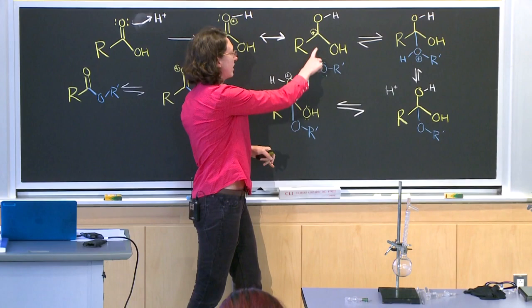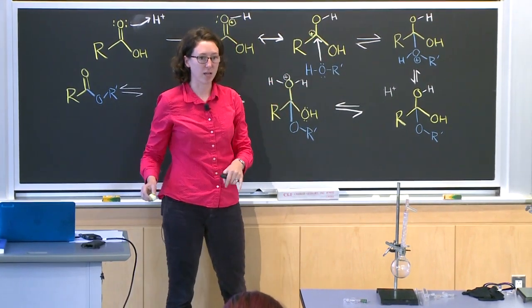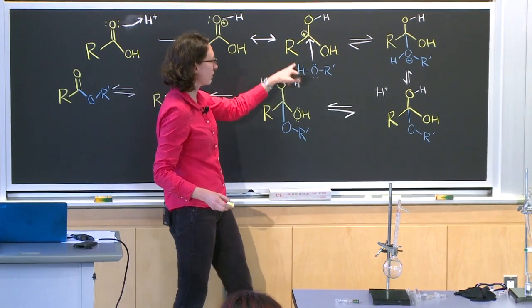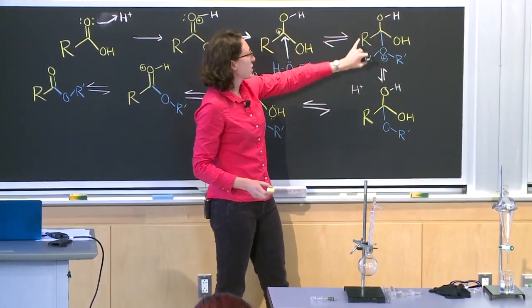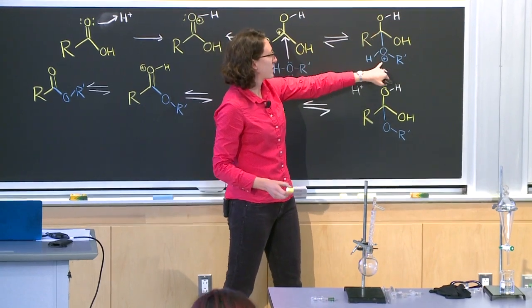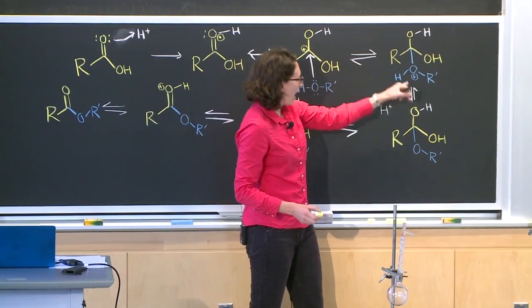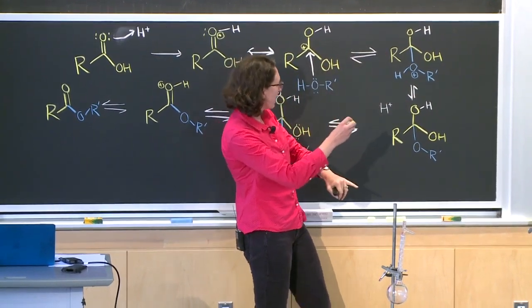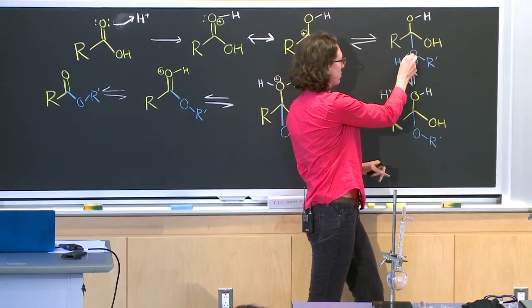We can add our alcohol in, and these electrons can come up here and attack that positively charged carbon. We can add our alcohol group to our original molecule. So now we have this guy here, and now the positive charge is on this oxygen. And so we can lose a proton to get rid of that positive charge.